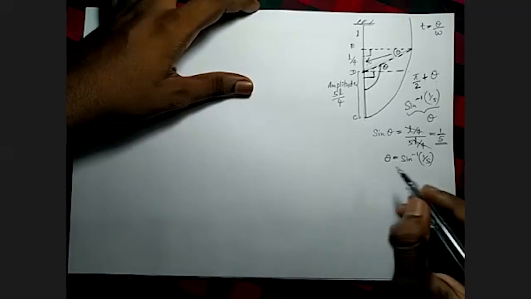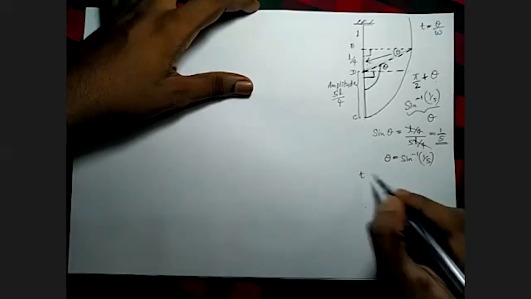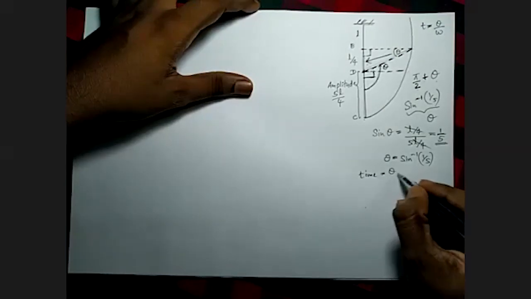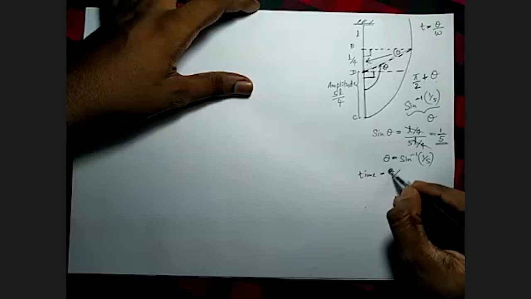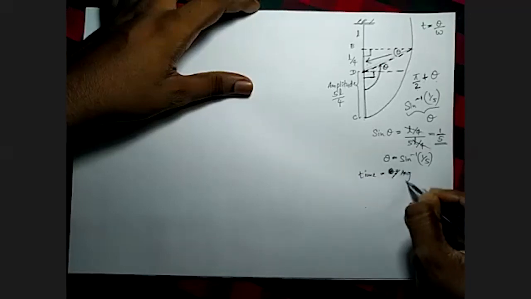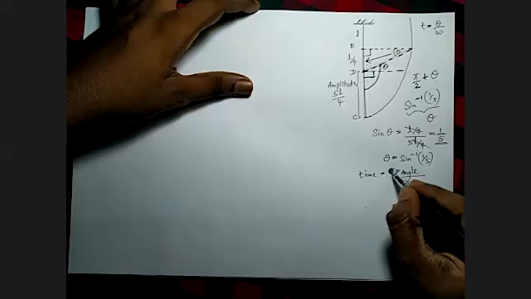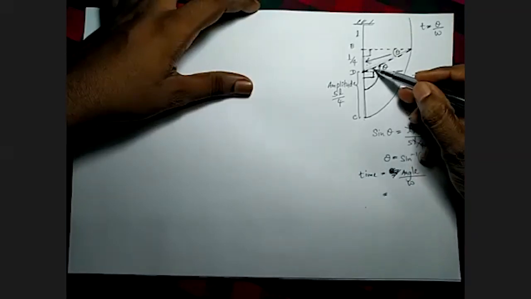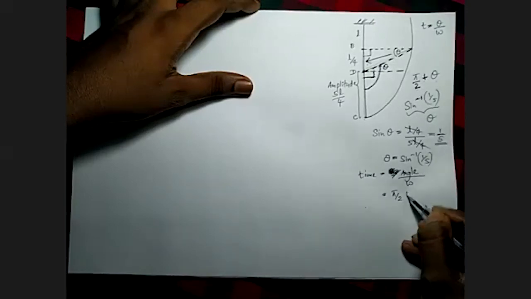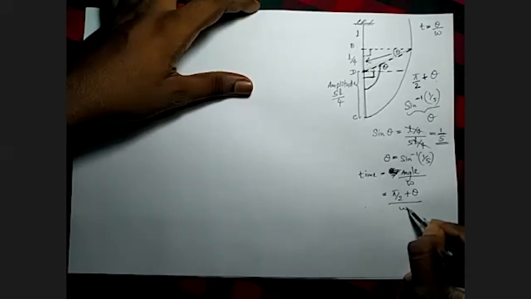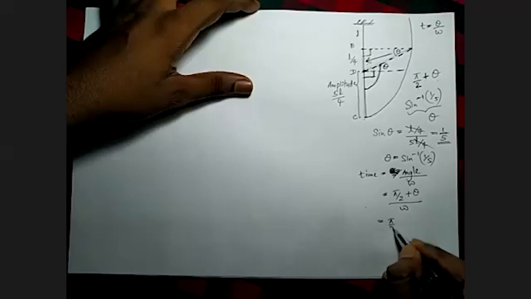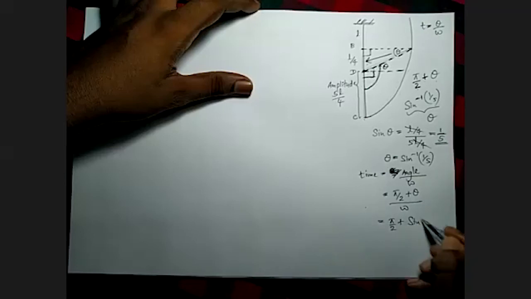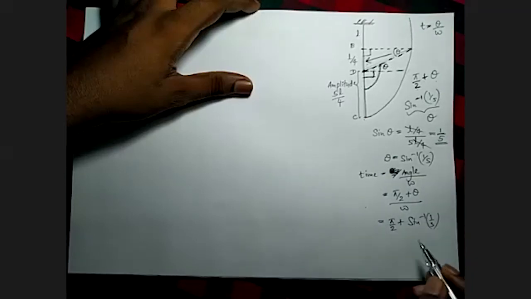Okay, now we can apply our equation: time equals angle over omega. So what is the angle covered? 90 plus theta, pi by 2 plus theta, over omega. Theta is sin inverse 1 over 5, over omega.